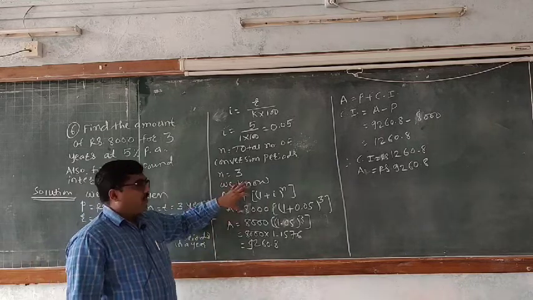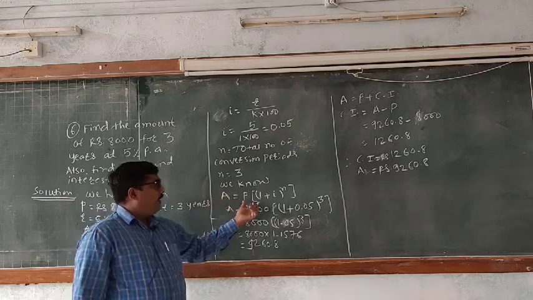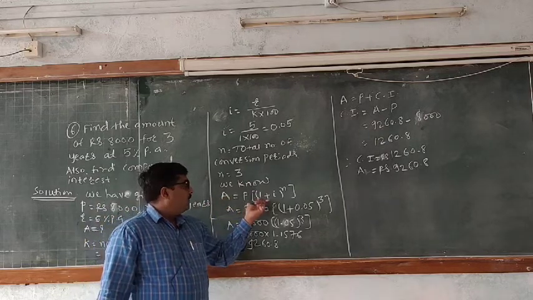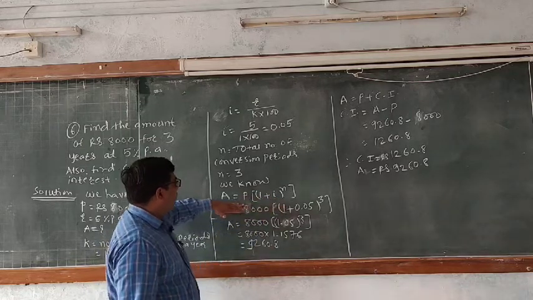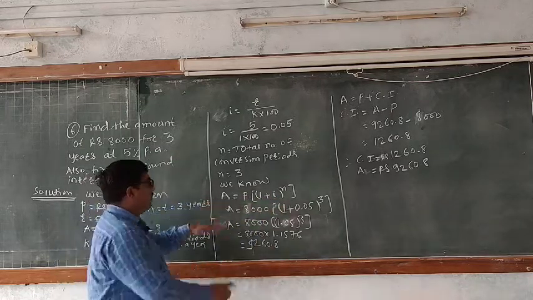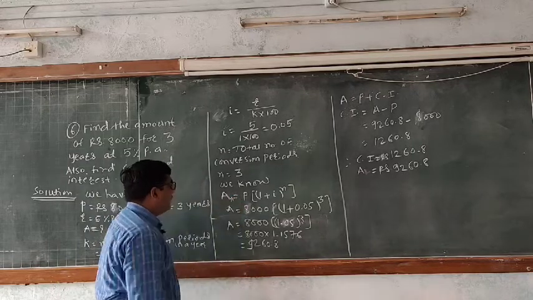Now we know amount equals P into the bracket 1 plus I raised to power n. This is your formula for amount An.